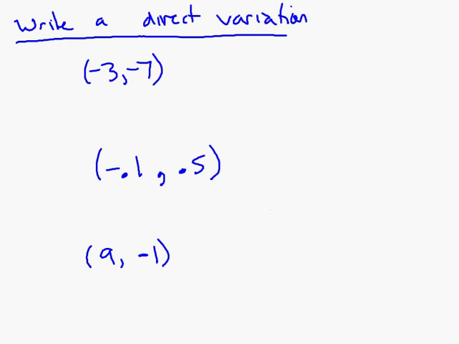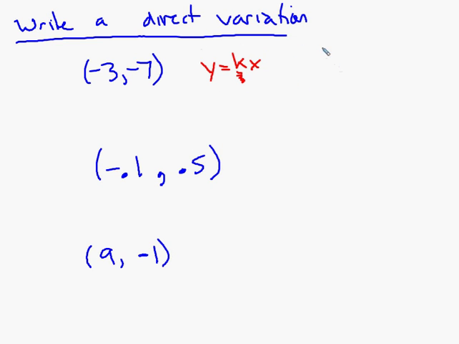I'll do 3. That's fine. So I'm told to write a direct variation. Well, remember, y equals kx. So what do I need to know? I need to know k, right?